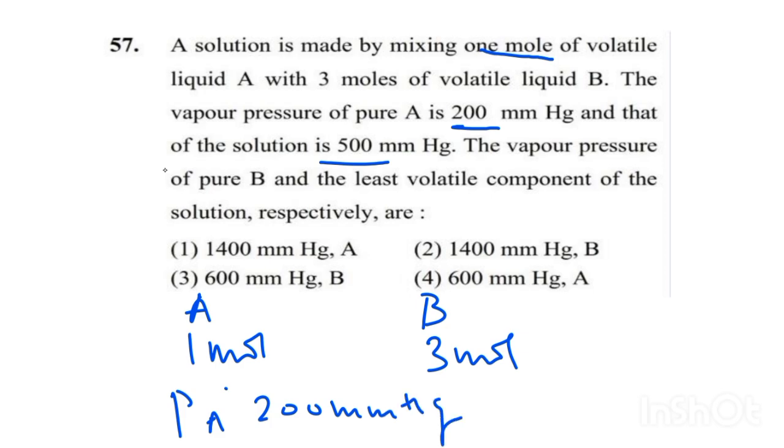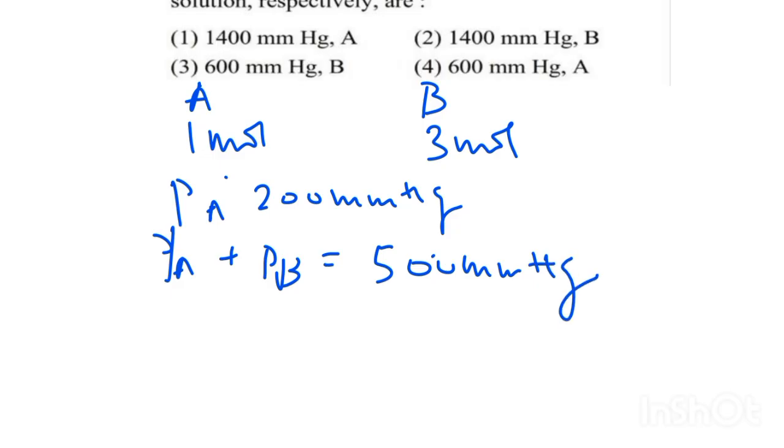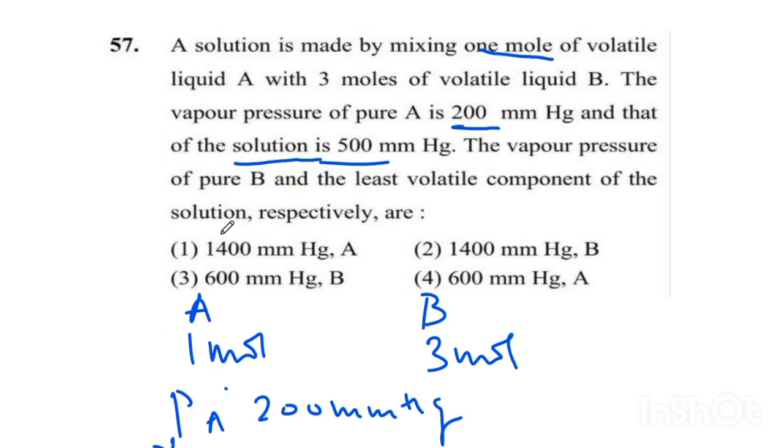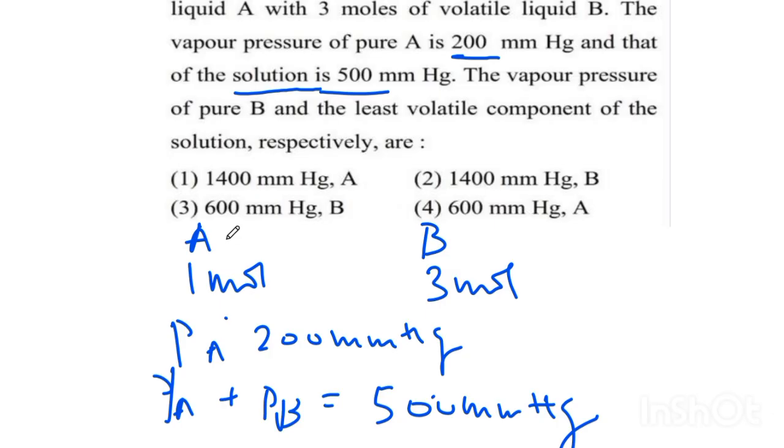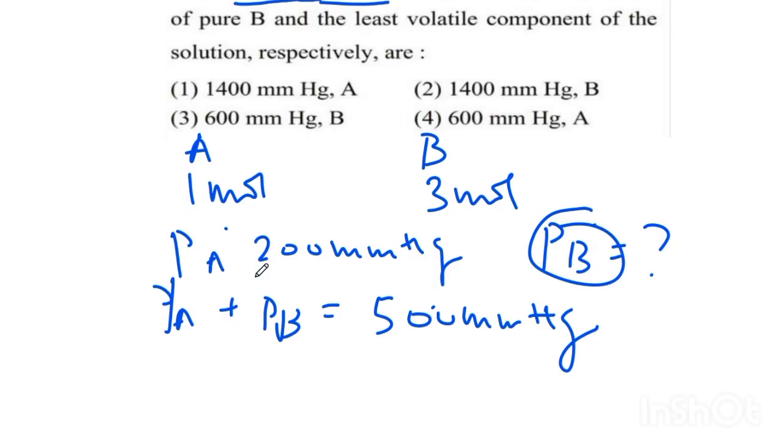Then we have been given the vapor pressure of the solution, which is PA plus PB, equal to 500 millimeter of Hg. We have to find the vapor pressure of pure B, that is PB naught, and the least volatile component.